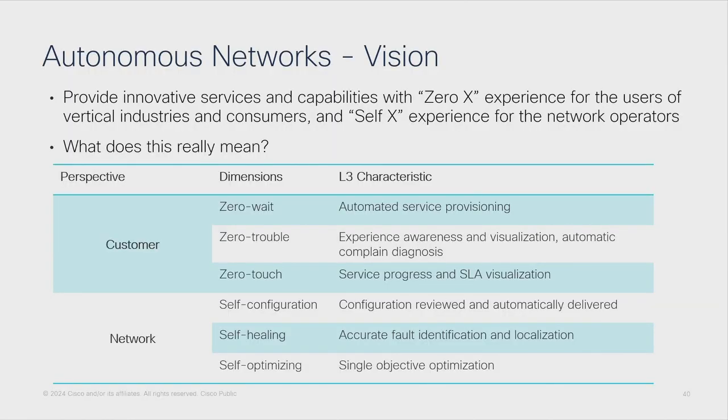We will get more information about these in the next slides, but level 3, among all the different levels of autonomous networks, is the benchmark today. It's considered the state of the art, where most of the vendors and the network operators are or tend to be in this period.